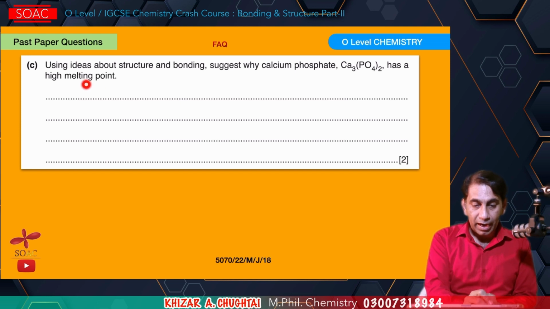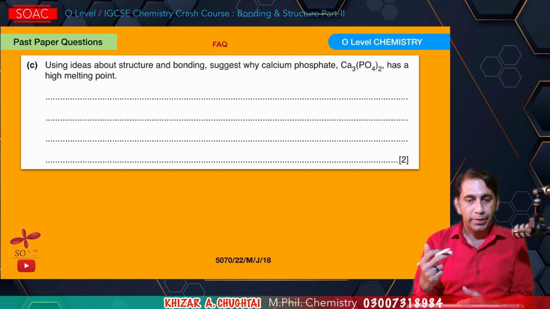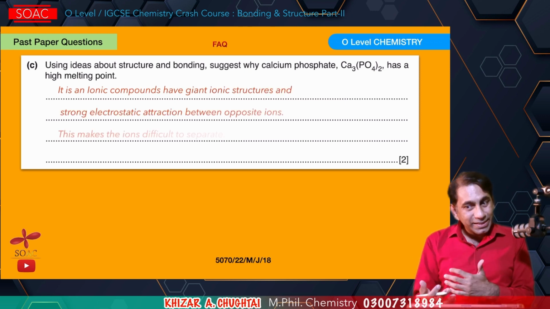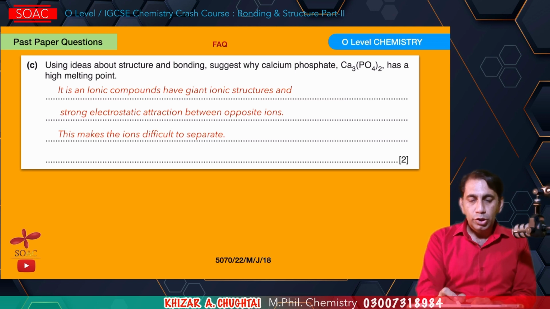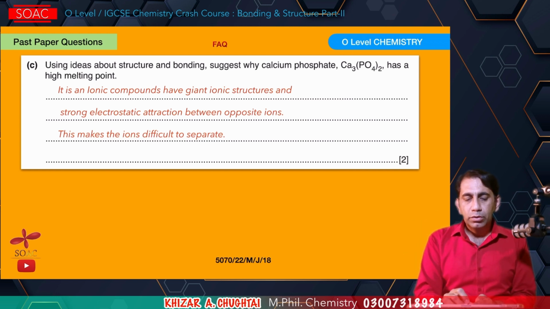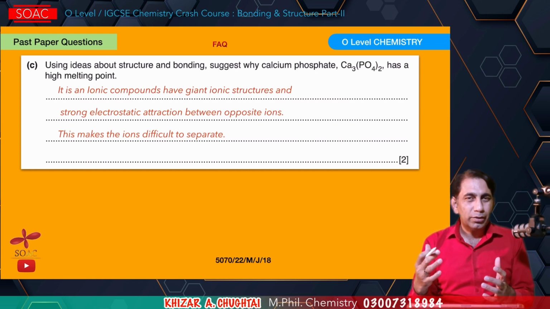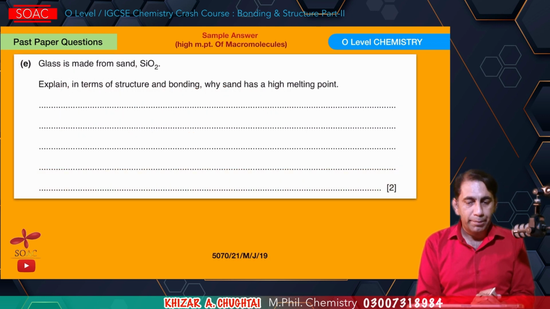As it has a high melting point and a metal is also present in this salt, it means that it is an ionic compound. As it is an ionic compound, its structure is a giant ionic structure. There are strong ionic bonds between these two ions, calcium ions and phosphate ions. So these ions are difficult to separate, and more heat energy is required to separate them.